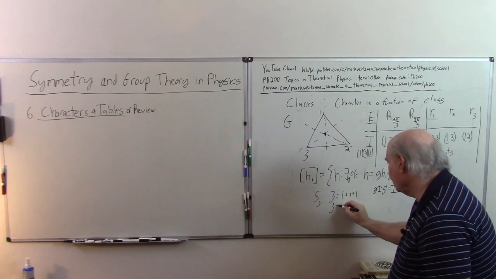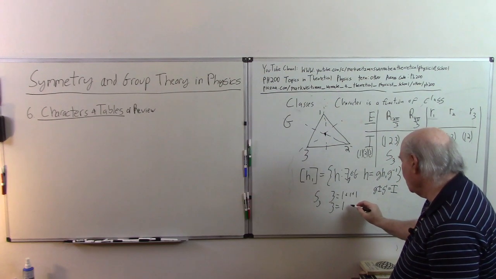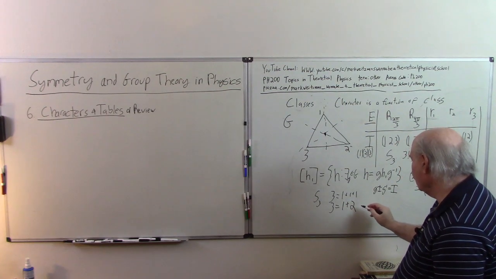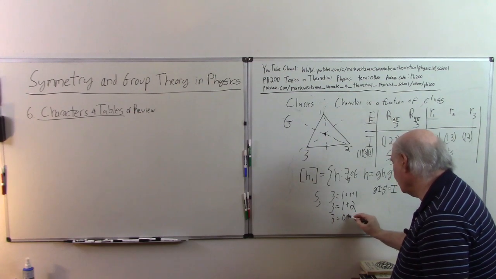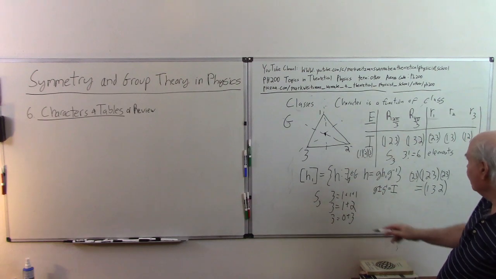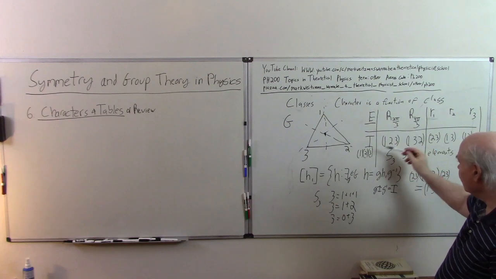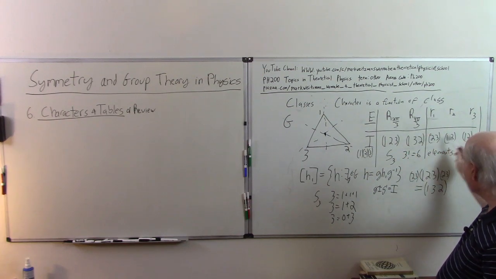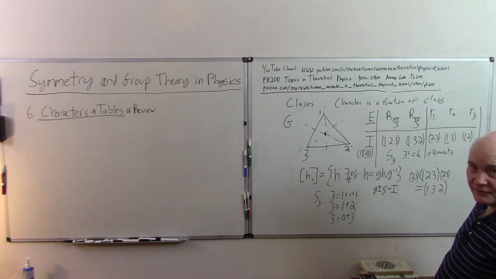Then 3 equals 1 plus 2, and 3 equals 0 plus 3. So these 3 partitions give us the cycle structure. Here we have a cycle of 3. Here we have three 1-cycles. Here we have a 2-cycle, and we don't show the 1-cycle. So that's how the classes are constructed for permutations.